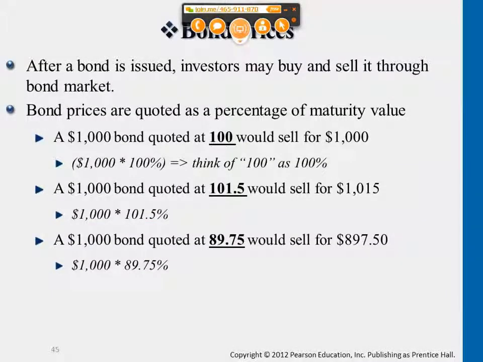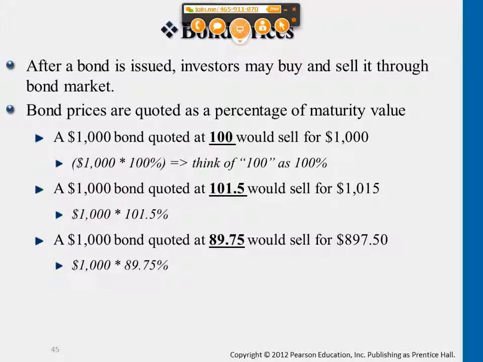Okay, now bond prices usually are quoted as a percentage. This part is simply telling you that if you see a bond price stated as 100, that means 100% of the bond certificate's value. So if the certificate value is $1,000 and your company is issuing it at 100, that basically means you're issuing it at exactly the bond certificate's price, 100% of this.